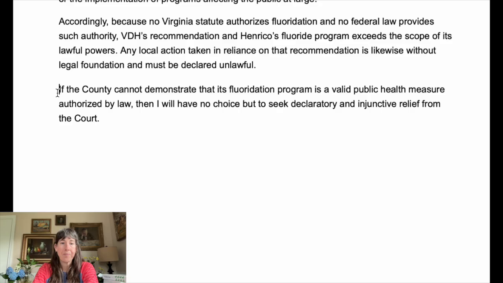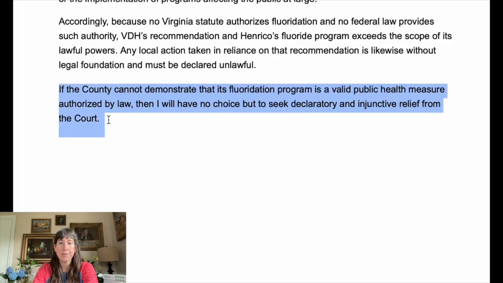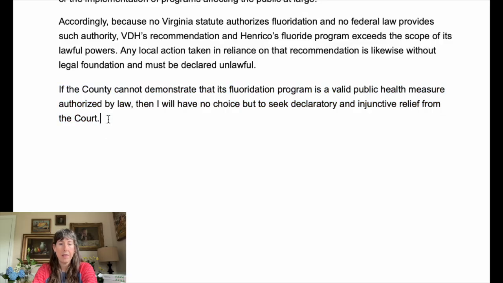If the county cannot demonstrate that its fluoridation program is a valid public health measure authorized by law, then I will have no choice but to seek declaratory and injunctive relief from the court. And that is it, folks.